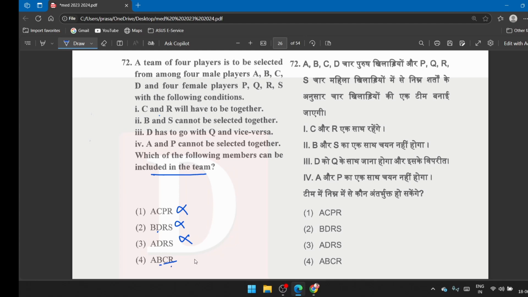So if it is A B C R, then what will be the opposite team? D P Q S. Here see, D and Q are going with one another. C and R have to. B and S cannot be selected together, and here B and S are separate. And A and P cannot be selected together, A is separate, P is separate. Option 4 will be your answer. Clear? Next question.